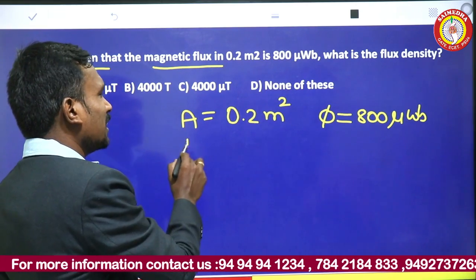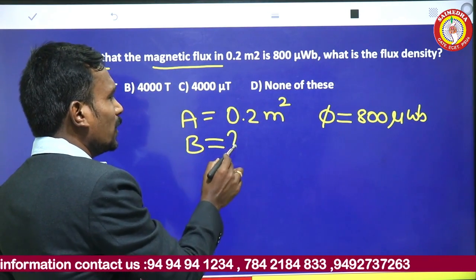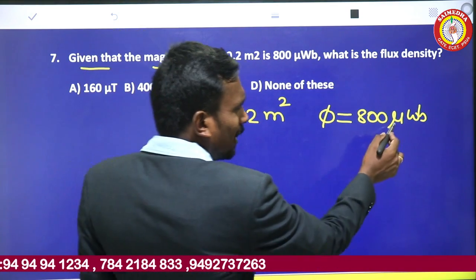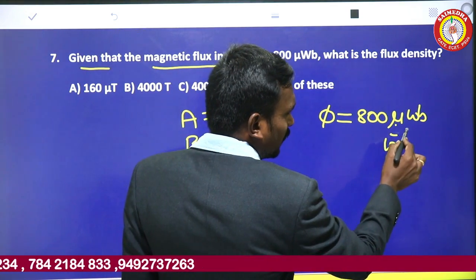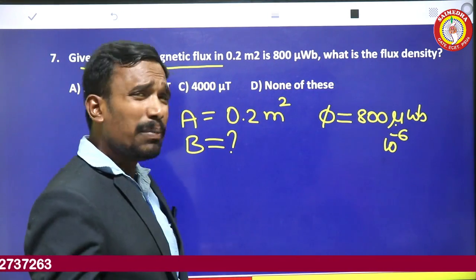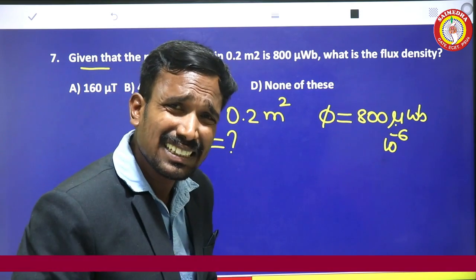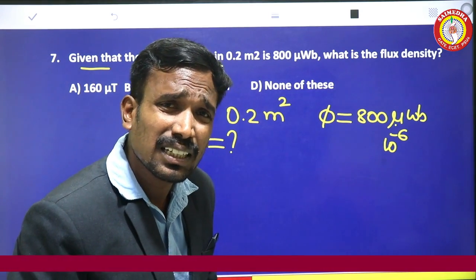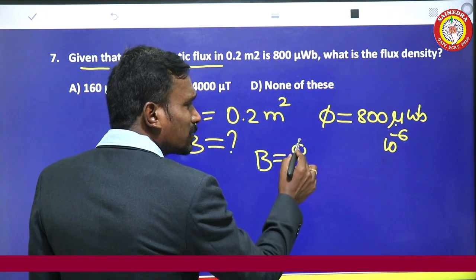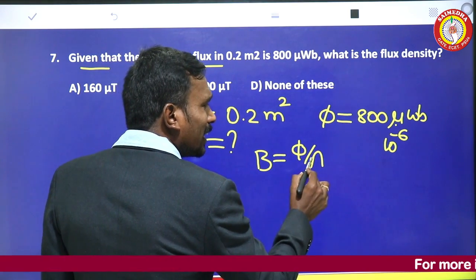What is the flux density? I already told you, micro is nothing but 10 to the power of minus 6. So tell me, what is flux density? Flux density is nothing but flux per unit area.